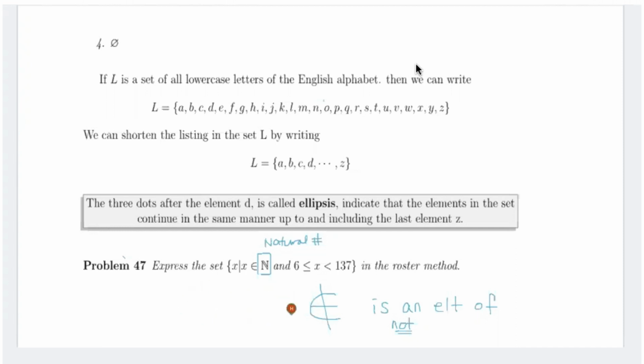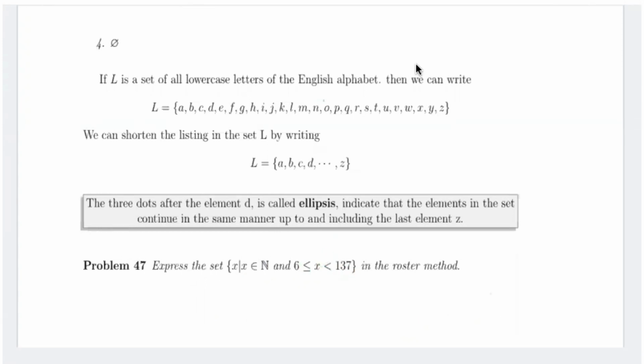Let's read this. X is an element of the natural numbers where X is between 6 and 137, less than or equal to, and strictly less than. You see that? With less than or equal to, we include the 6. Strictly less than goes up to that number but not including it.